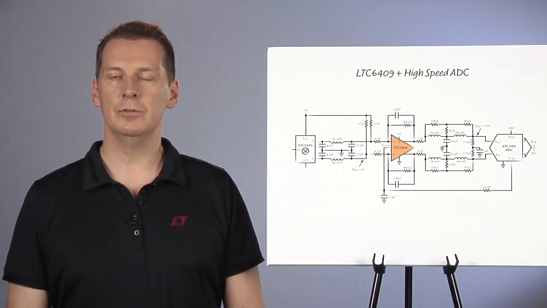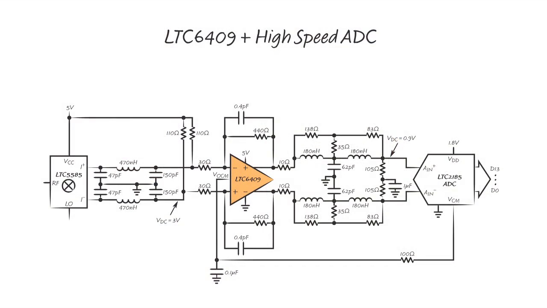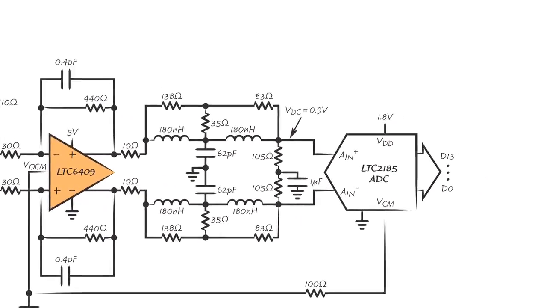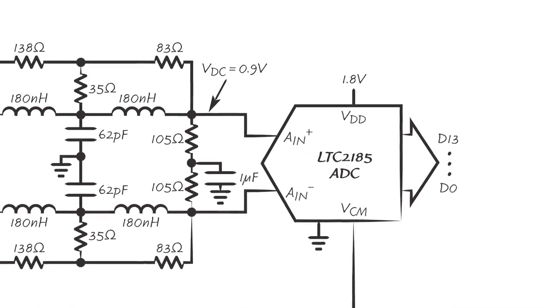Let's look at an example where this is important. This schematic shows a high-speed ADC, the LTC2185 16-bit low-power 125 megasample per second ADC. This ADC is powered from a 1.8 volt supply and requires that the input signals are differential and centered on a common mode voltage of just 0.9 volt.